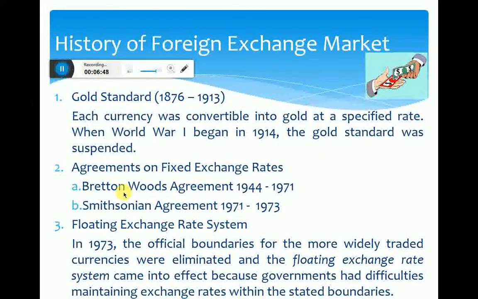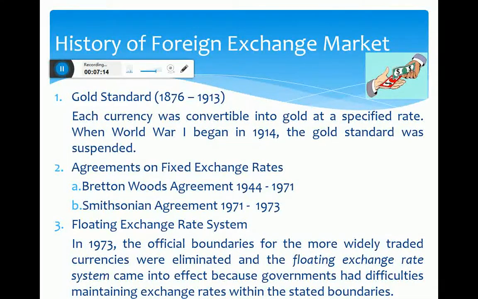The Bretton Woods agreement was basically held after World War II in Bretton Woods, which removed the gold standard from the world, and it was decided that the dollar should be the international currency throughout the world, and behind the dollar there was gold.